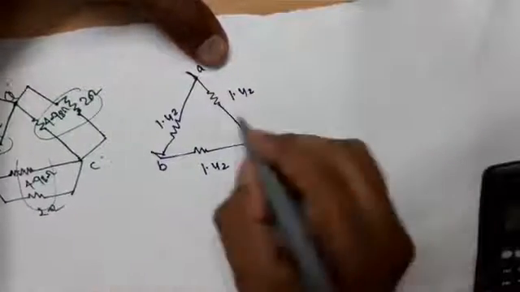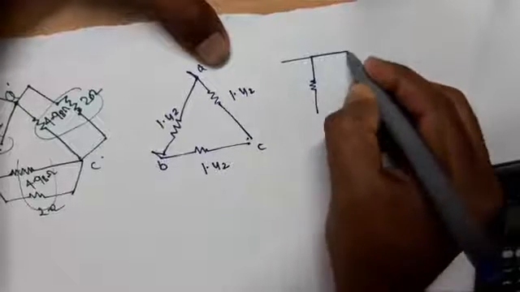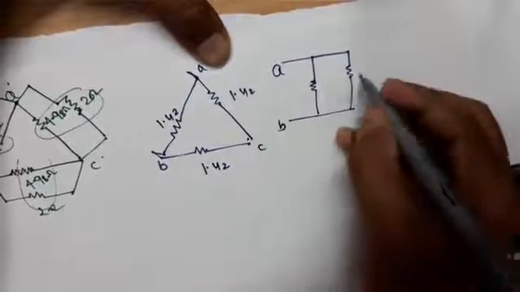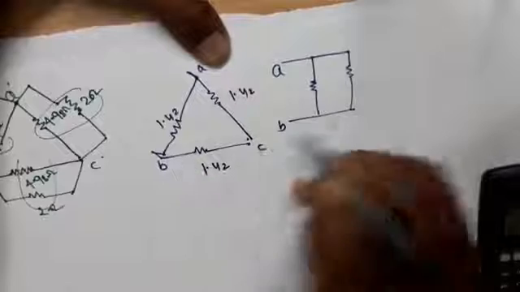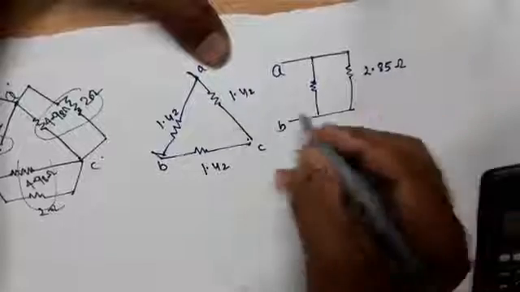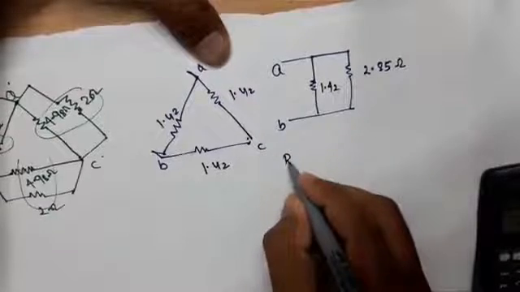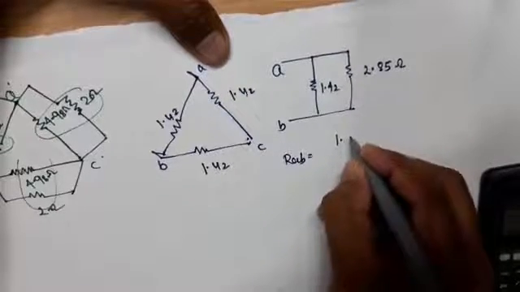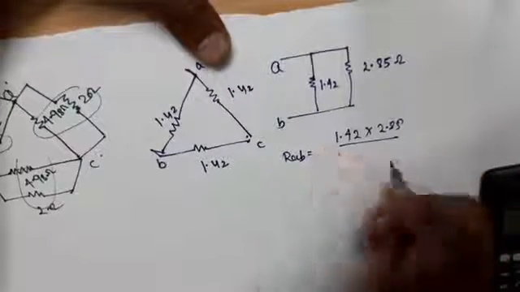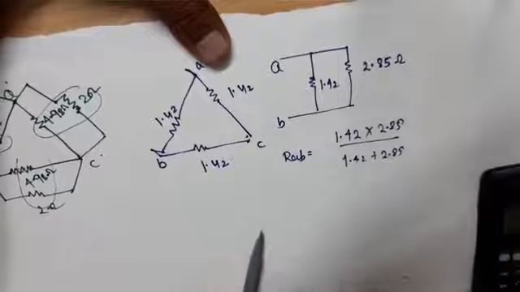The C terminal is eliminated, so this series is 2.85 ohm. This is 1.42. Across AB, RAB is equal to 1.42 into 2.85 divided by 1.42 plus 2.85.